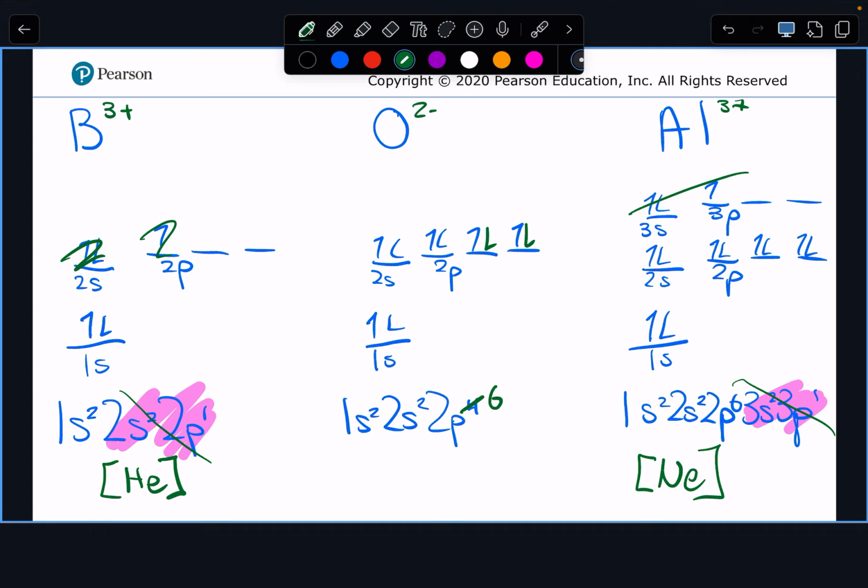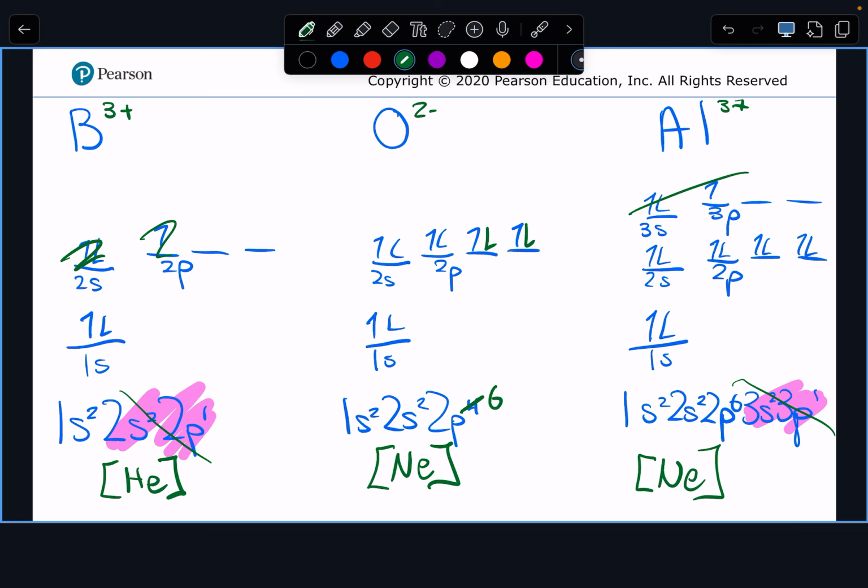And oxygen finished off its shell, so now it looks like neon too. So O2- and Al3+ are equivalent to neon in the sense of their electrons. Obviously, the protons are still different, but they have the same number of electrons. They have the same valence shell.